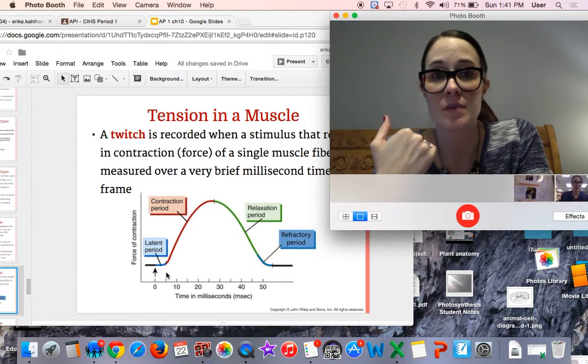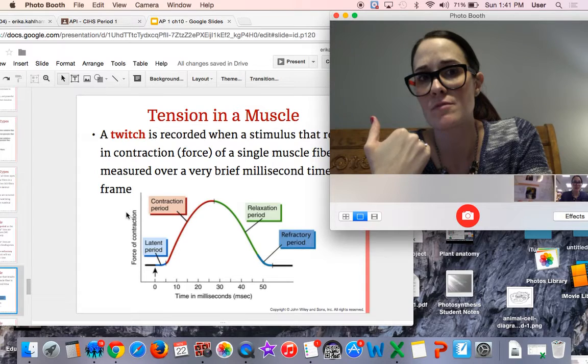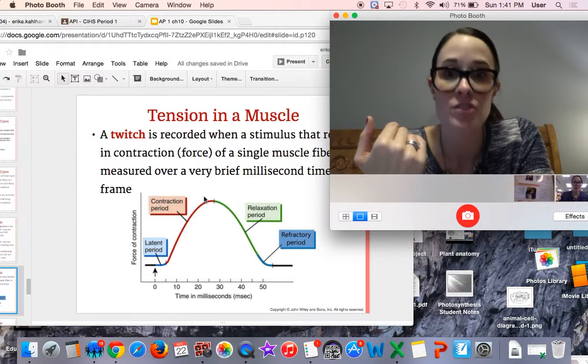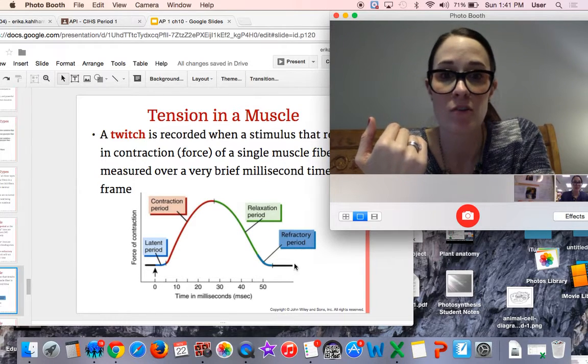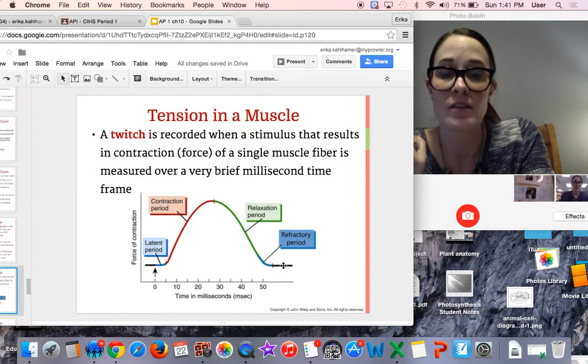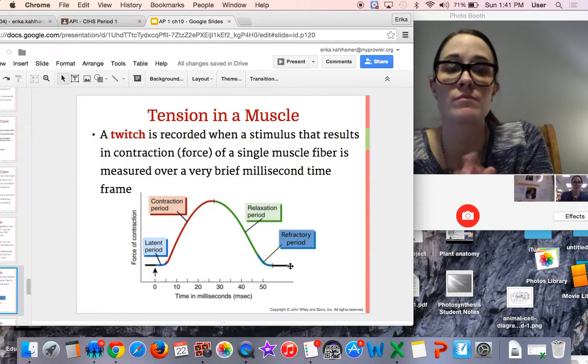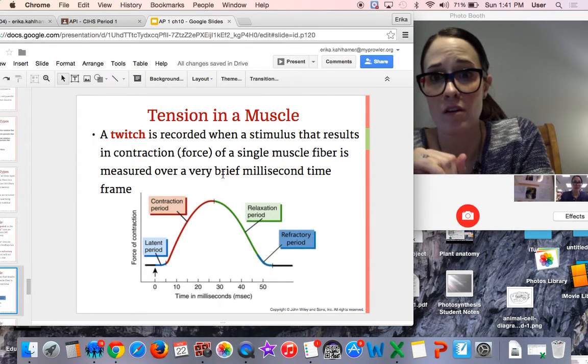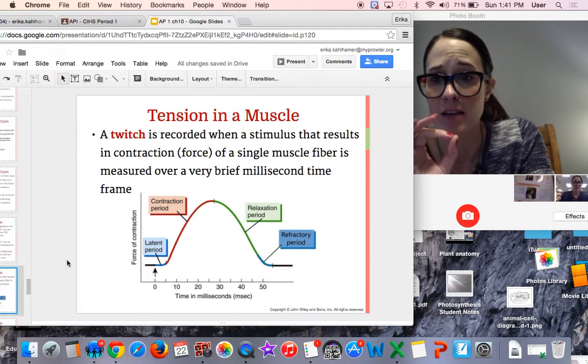On our other graph, it was millivolts, electrical activity. So here we have the force of a contraction, latent period, contraction period, relaxation, followed by the refractory. Down here in the black, it can respond to another message from the nervous system to contract again. And this is over a brief millisecond of time.